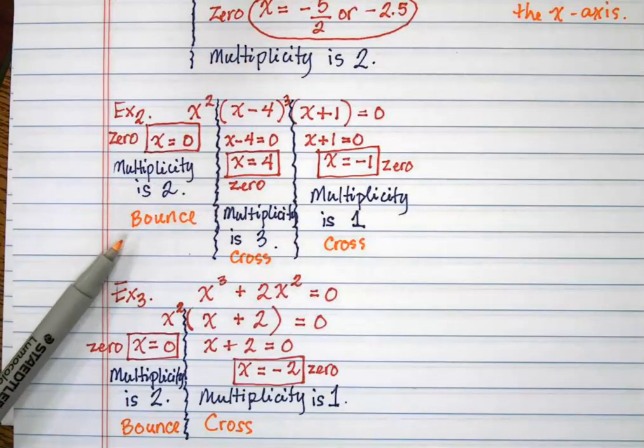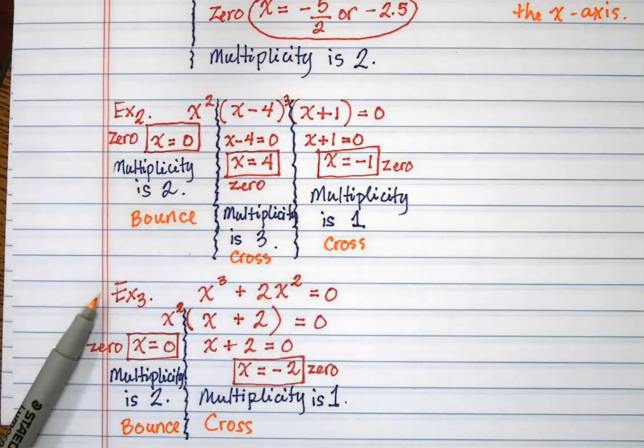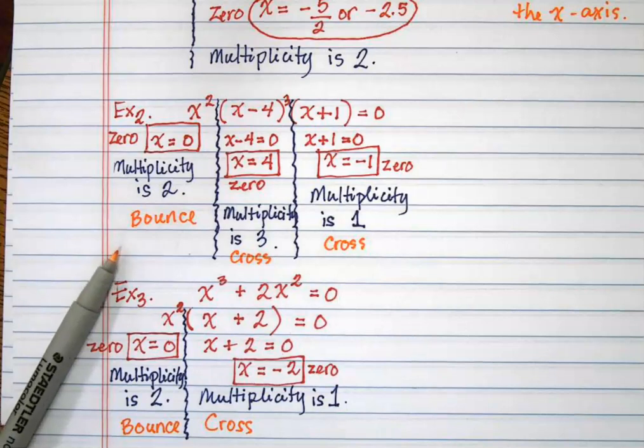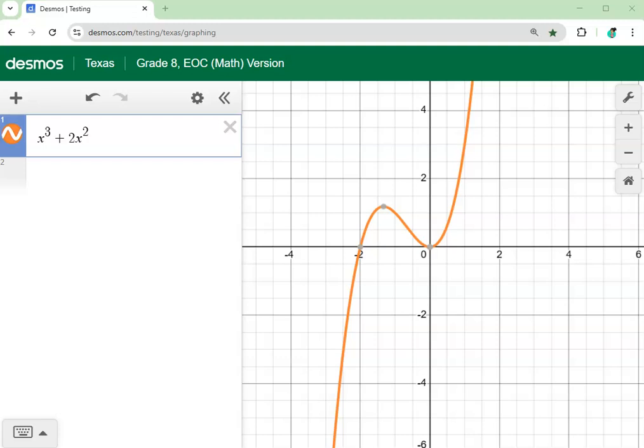Make sure to go back and label all these zeros as well, and the effect of the multiplicity to that graph. And please do the same thing for example number 1. Now for example number 3, let's go ahead and examine the effects of this multiplicity on the function.